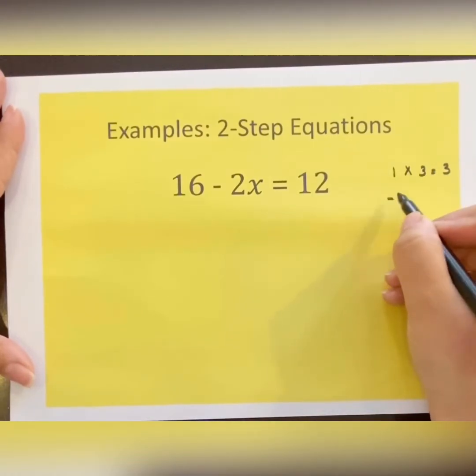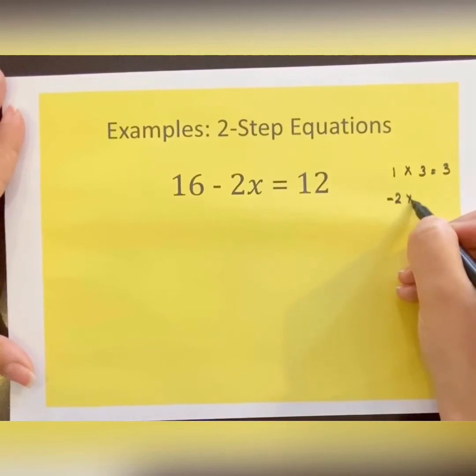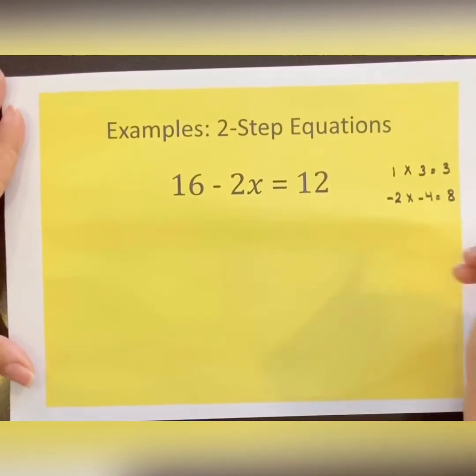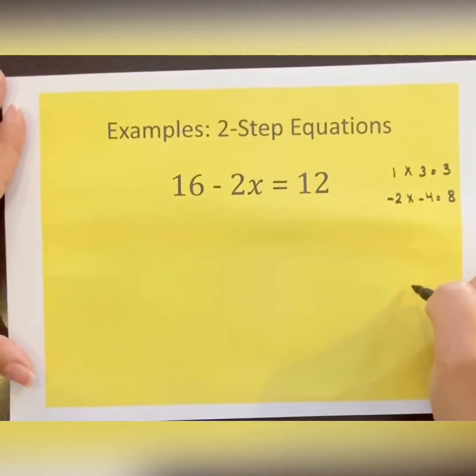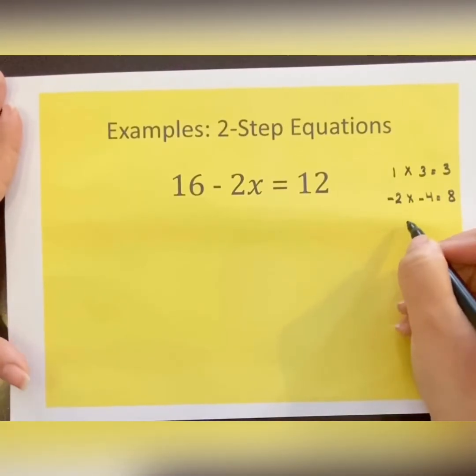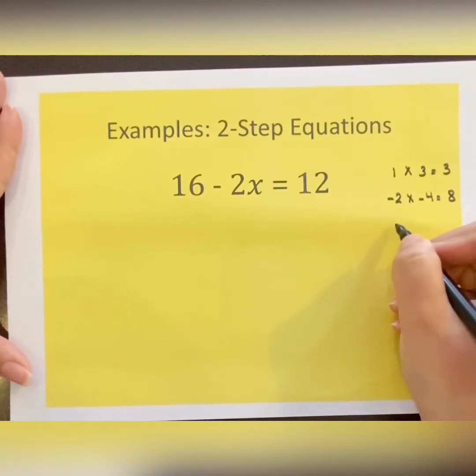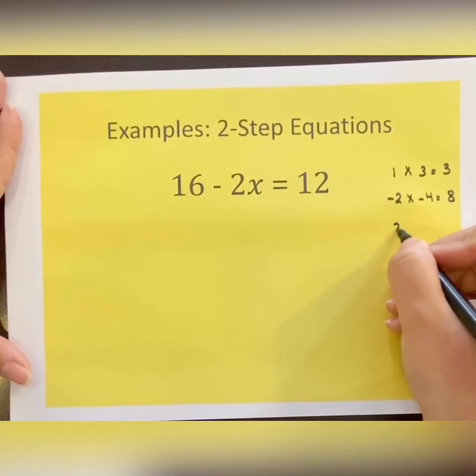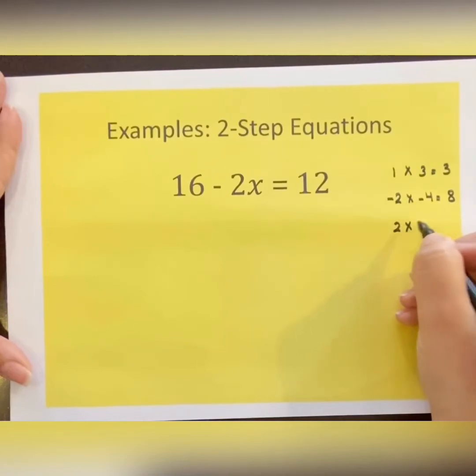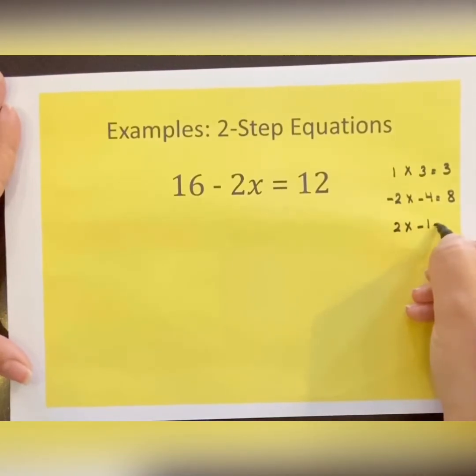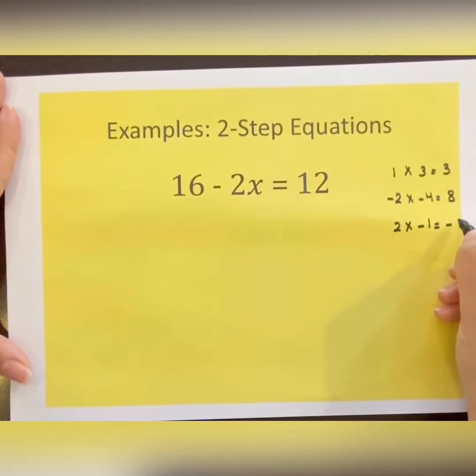If I said minus 2 times minus 4, it equals 8. If you're multiplying two negative integers, the answer is positive. If you multiply one positive and one negative, let's say 2 times minus 1, the answer is going to be negative. Negative 2.